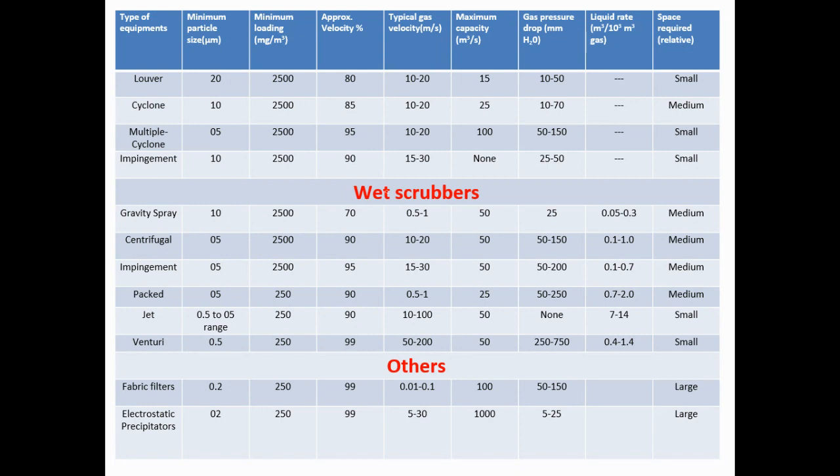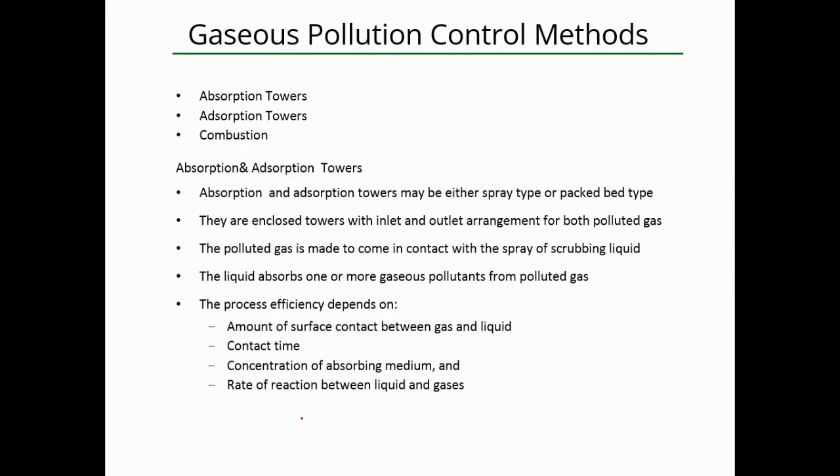Likewise, for the wet scrubber, what are the minimum size, the minimum loading capacity, the space, and the typical gas velocity, all important information is present in the table. See here, the fabric filter has size 0.02 and the minimum loading is 200, 250, and the size is very large. These are the different parameters. You can go through it.